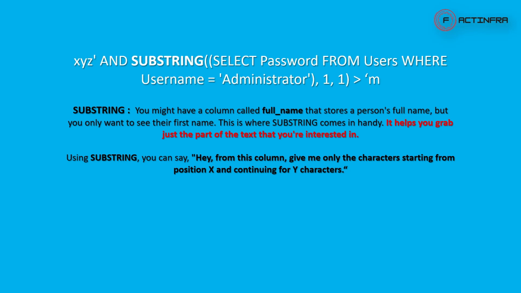It helps you grab just the part of the text that you are interested in. Let's suppose my name is Pooja Pawar and I'm storing my full name into a full name parameter. If I want to grab only the first name, only Pooja, I can fetch that particular text value with the help of substring.